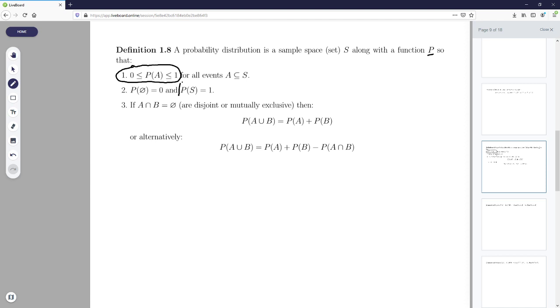The most important thing is that the probability of the entire sample space is 1. We can usually assume that the probability of the null set is 0. And normally, if we can define the probability of individual events in the sample space, we can assume this formula is true as well.